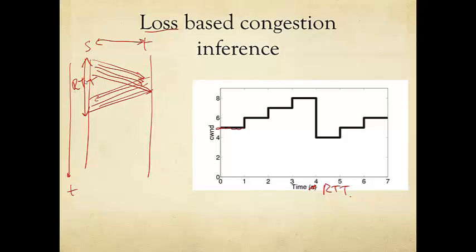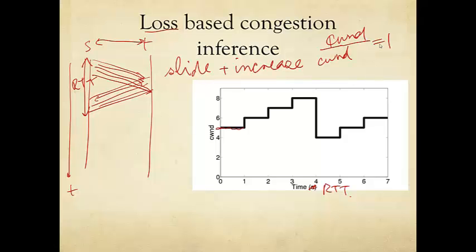Okay? And therefore, the sliding window is slid 5 times. Plus, there is an increase. So slide plus increase. Now, how much do you increase? For each acknowledgement you received, increase by 1 over CWND, but there are CWND number of acknowledgements, so it amounts to adding the window size by 1.